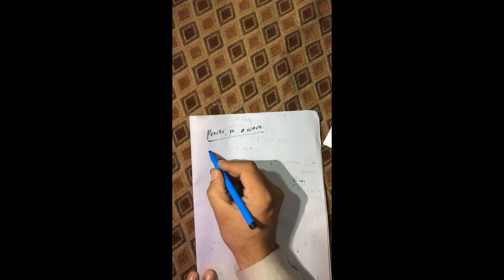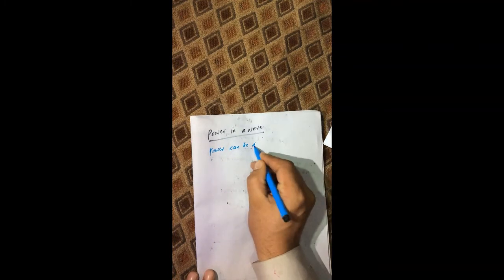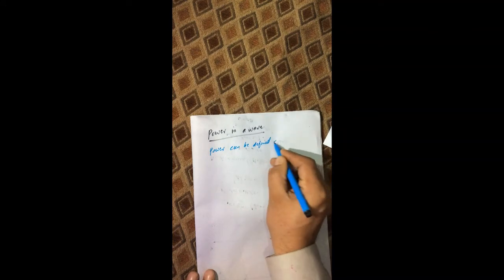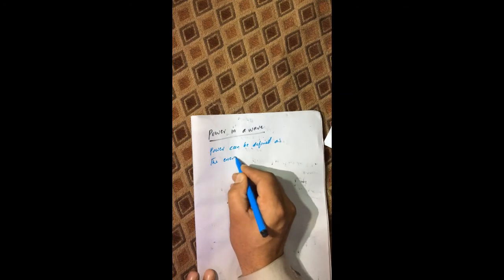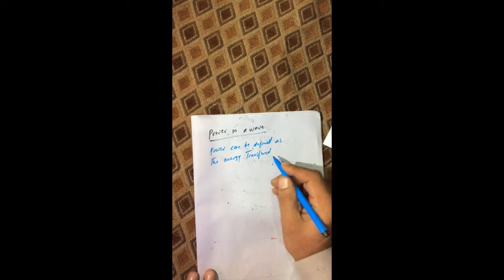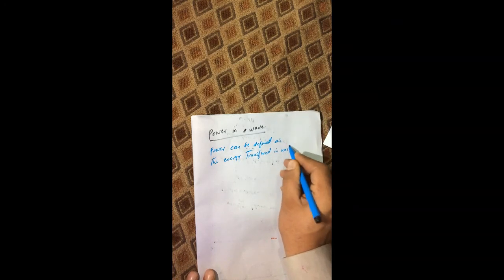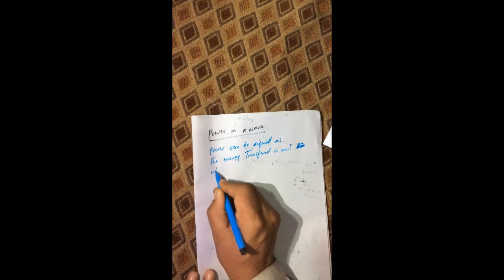Okay, next we have power in a wave. How can we define power? Power can be defined as the energy transferred in unit time interval.